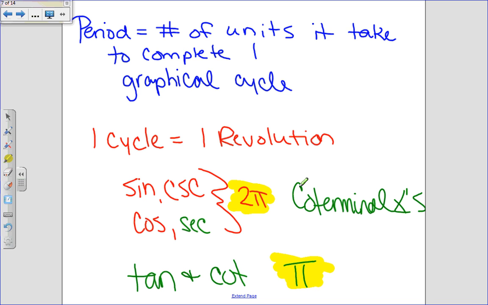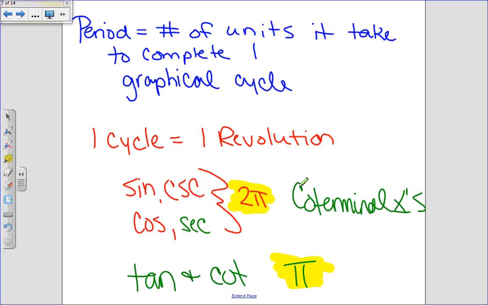Tangent and cotangent have a period of pi units. In other words, in 2 pi units, you've completed 2 cycles of the tangent and cotangent graphs. We're going to get more into those graphs in section 4.6, but we're not going to talk about too much of that until then. The whole point of this is whenever it says use the period, all it's asking you to do is to use the coterminal angles. Do we understand that? Okay?